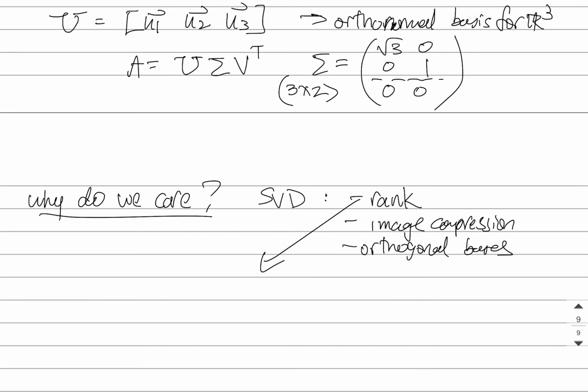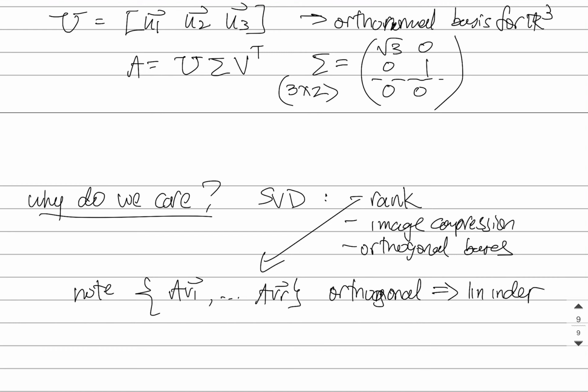Just briefly about the rank here, if you want to think about it, we talked about AV1 all the way down to AVR. These are orthogonal, which means they are linearly independent. And if my matrix A is m by n, that means all of these vi's have to be in Rn.